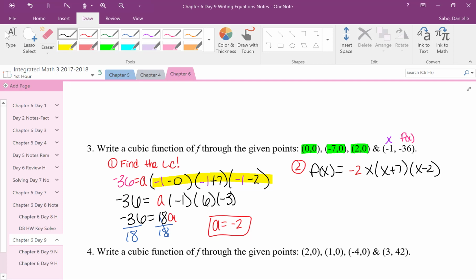It's just like that very first warm-up. So the only thing that's different is finding that a value, that leading coefficient, before we actually do the writing of the function. You guys are doing very well with this.